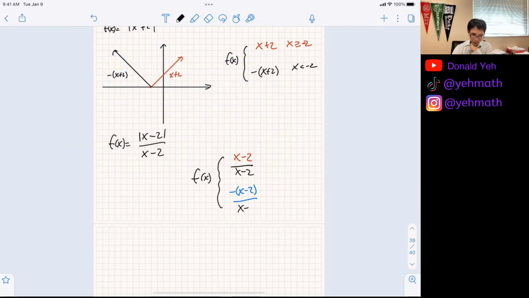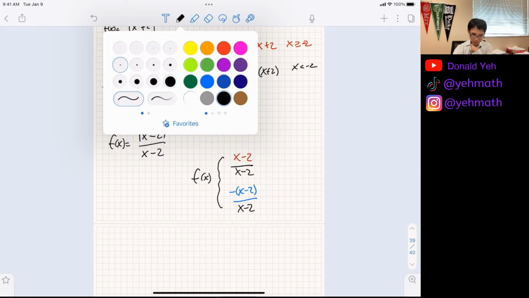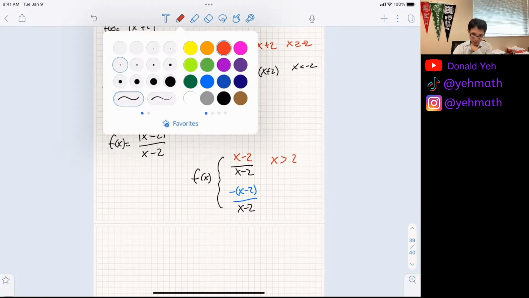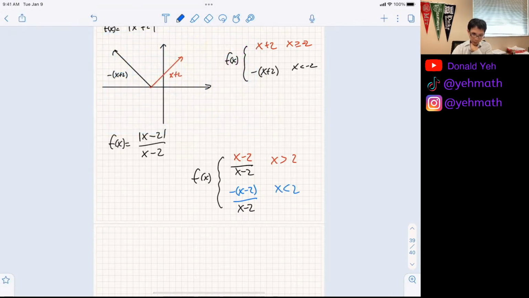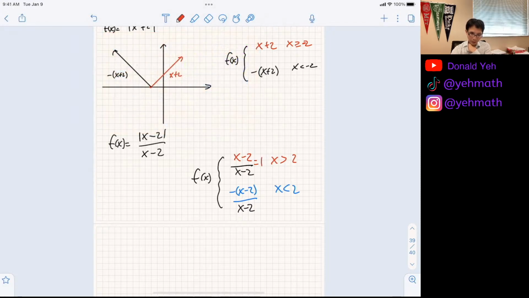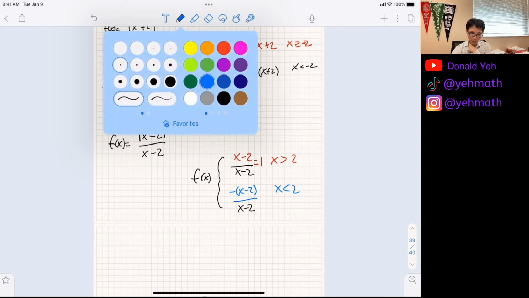This one is when x is greater than 2. And this one is when x is less than 2. I replace the top with the positive version and negative version. Now what happens is this will eventually cancel out equal to 1, right? And this will eventually cancel out equal to -1.